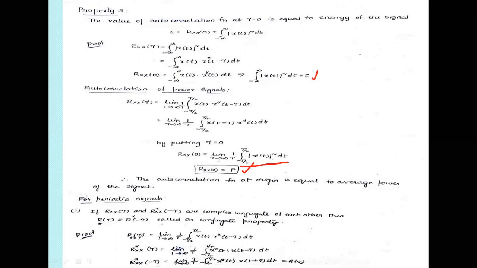Now, in periodic signals, nothing but the power signals, taking the limit t tends to infinity, 1 by T, the integral from minus T by 2 to T by 2, you change that as Rx of tau is an R conjugate function. Conjugate values will give the real, and the real function becomes a conjugate, and substitute minus tau in place of tau here. The equation is related to the correlation function only, the R of tau. So Rx of minus tau is equal to Rx of tau.